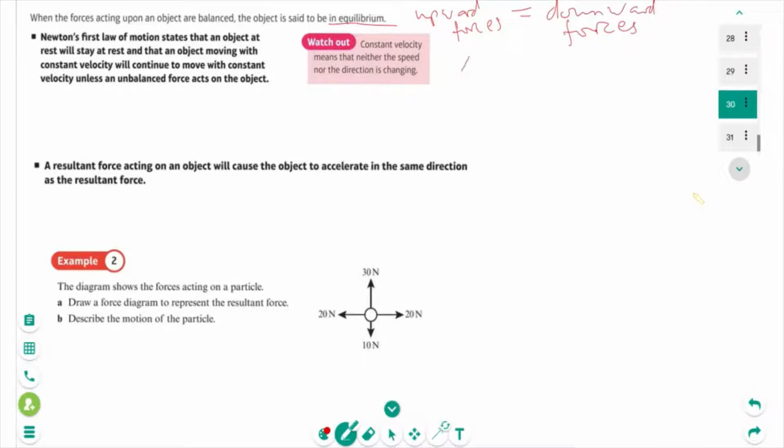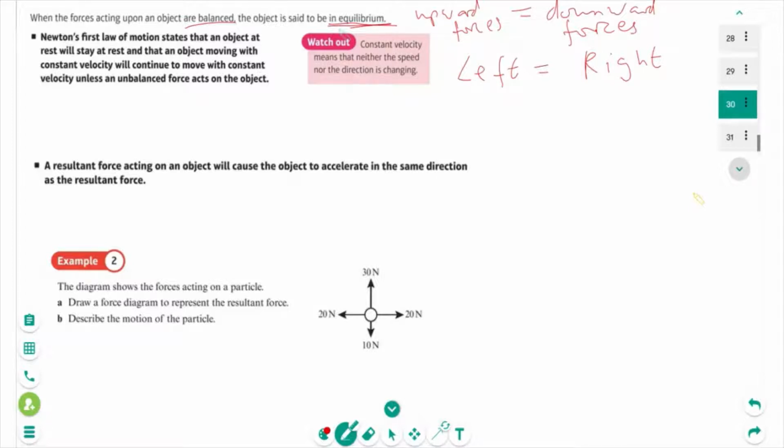So all the forces are in balance. Acting upon a body, forces are balanced. This is what equilibrium means.